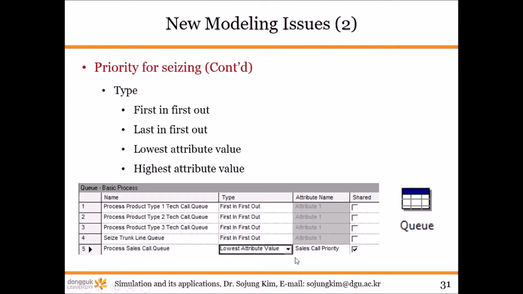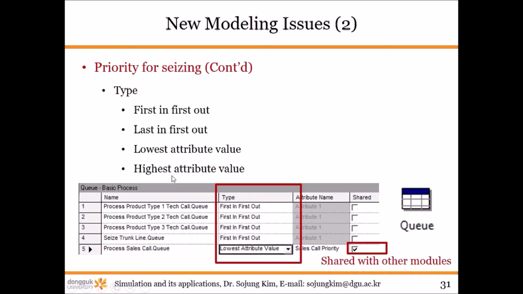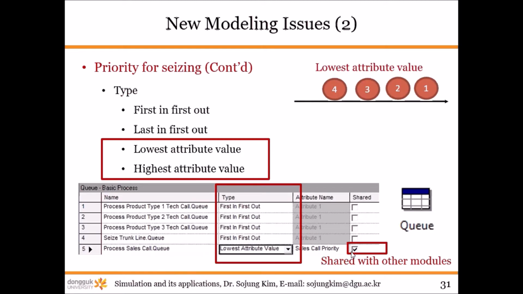You need to specify this attribute in an assign module. There are four types of priorities in Arena: first in, first out, last in, first out, lowest attribute value, highest attribute value. Okay. Also, if you want to use one queue with multiple modules, you need to choose the shared option. Got it?